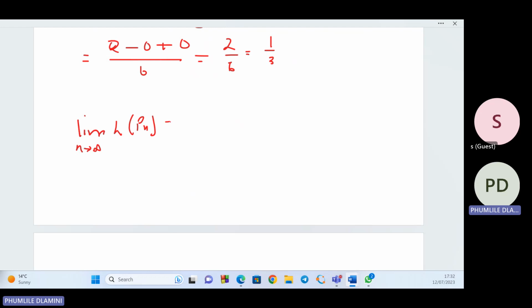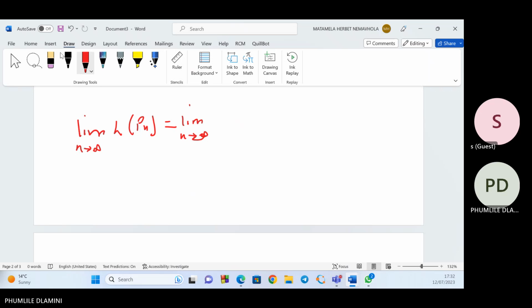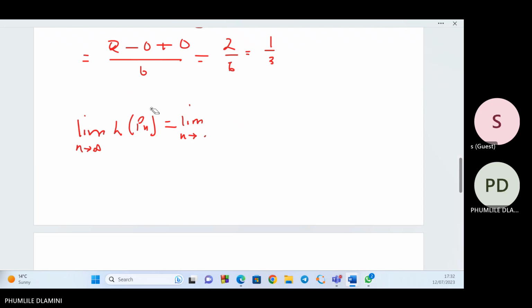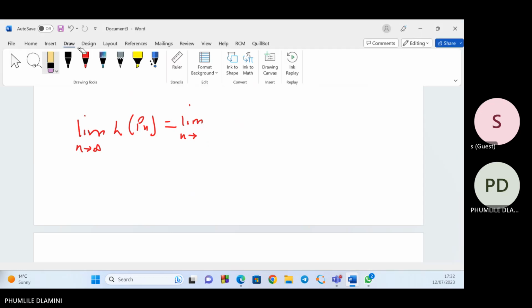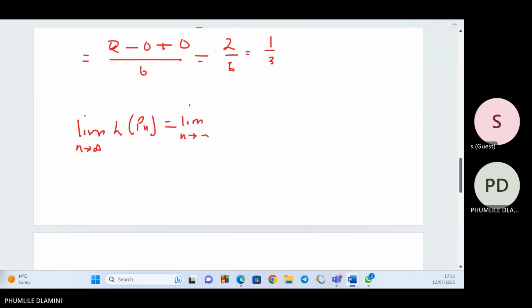So the limit as n approaches infinity of L of Pn is going to be equal to 2n squared plus 3n plus 1 over 6n squared.